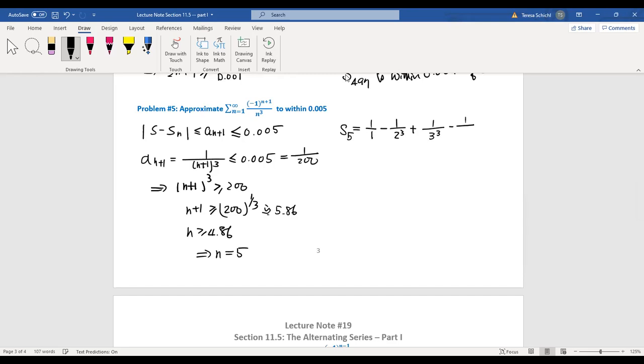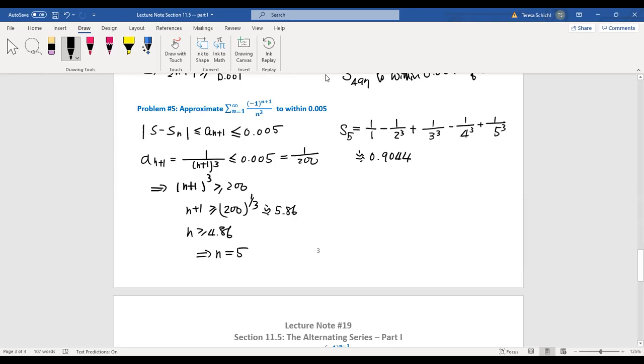N equal to 4 is minus 1 over 4 to the 3rd, plus 1 over 5 to the 3rd, right? If you add them together, it is very close to 0.9044 here. Okay, so we don't know what this series adds up to, right?